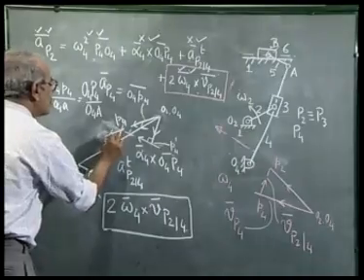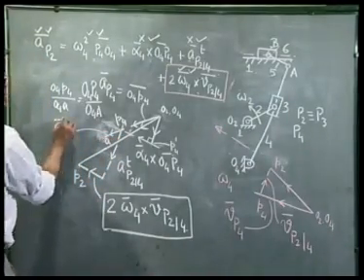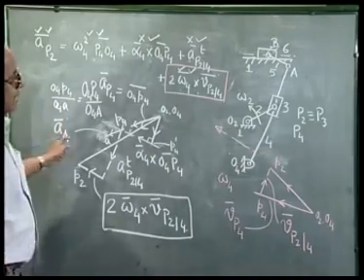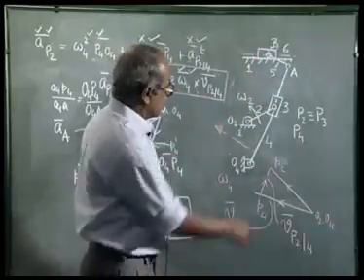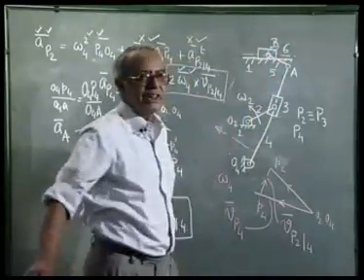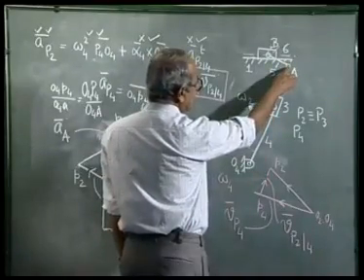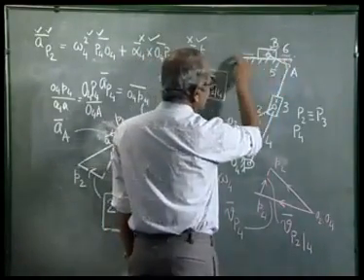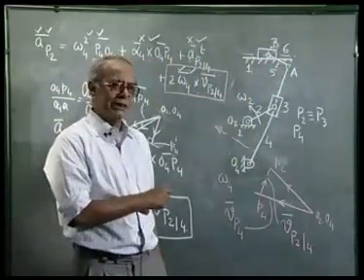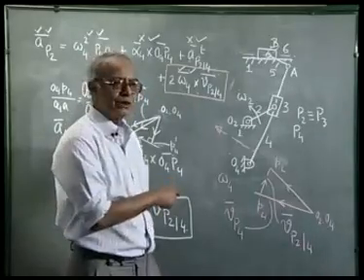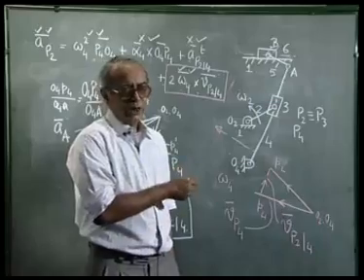So, this O4A represents the acceleration of the point A. Once we get the acceleration of the point A, the acceleration of the point B can be determined very easily. It is just like a slider crank. Once we know the acceleration of the point A and the acceleration of B is in the horizontal direction, you can find the acceleration of the point B just following the method which I explained with reference to the slider crank mechanism. This I would like to leave to you as an exercise.